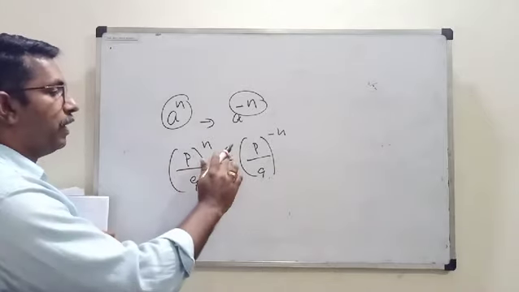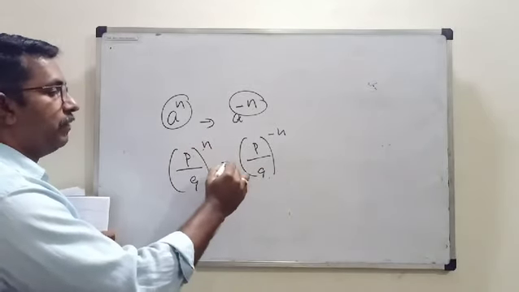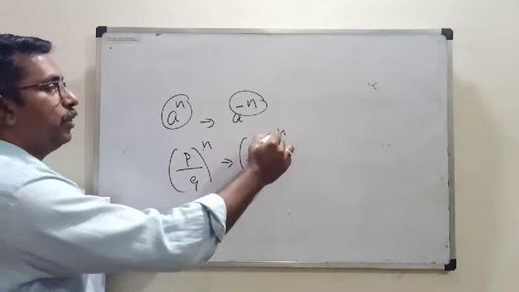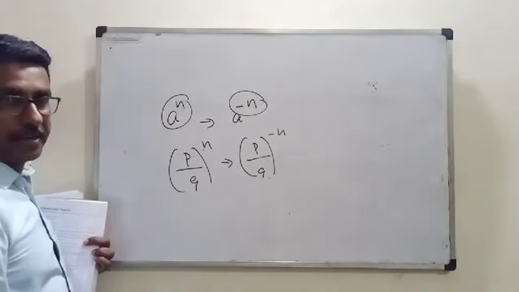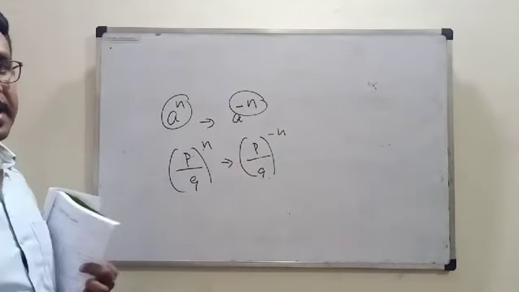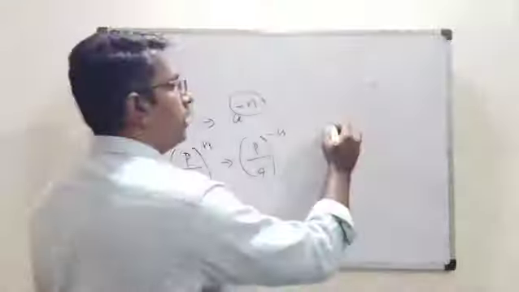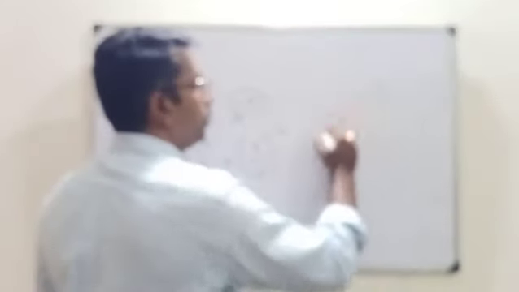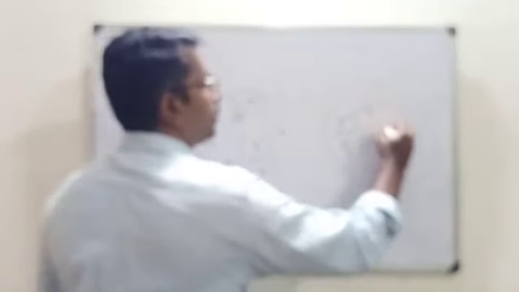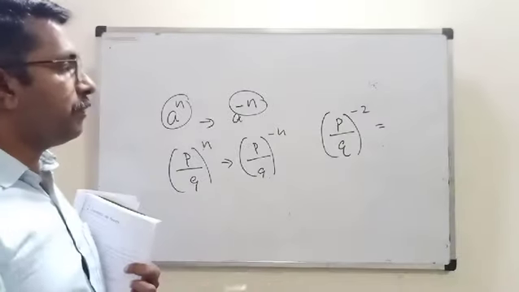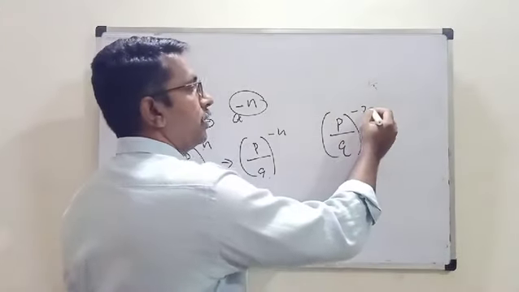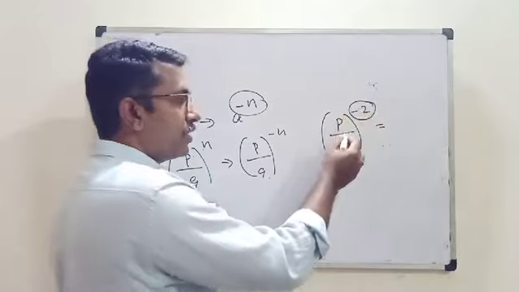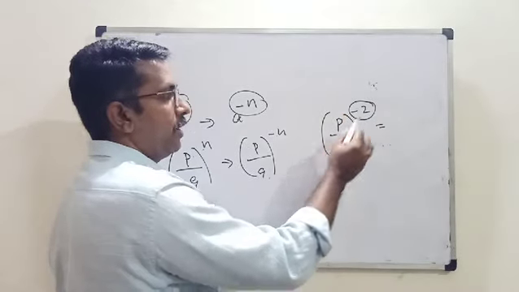P by q to the power n. What is the multiplicative inverse of that one? P by q to the power minus n. That would be the multiplicative inverse. But you see this one, p by q to the power minus 2. What is the positive exponent of this one?